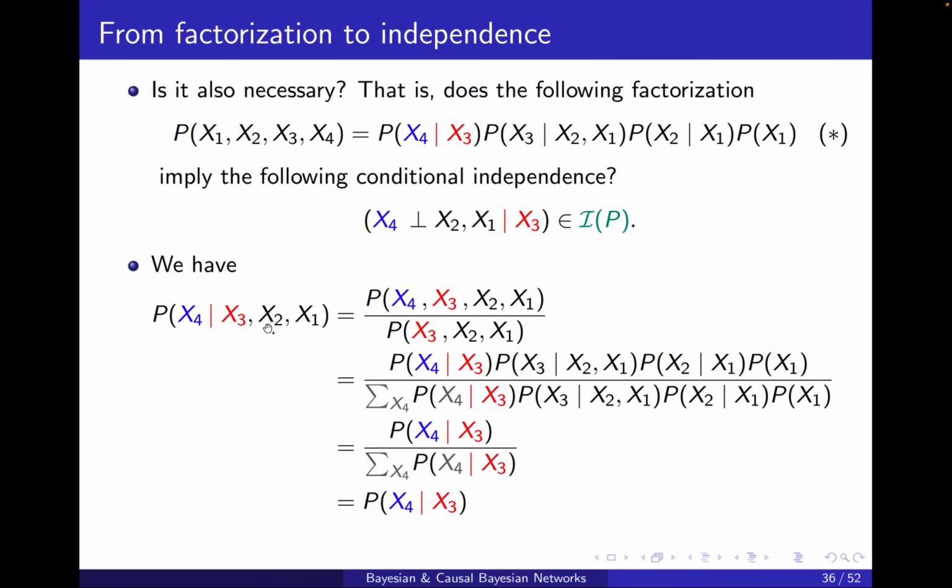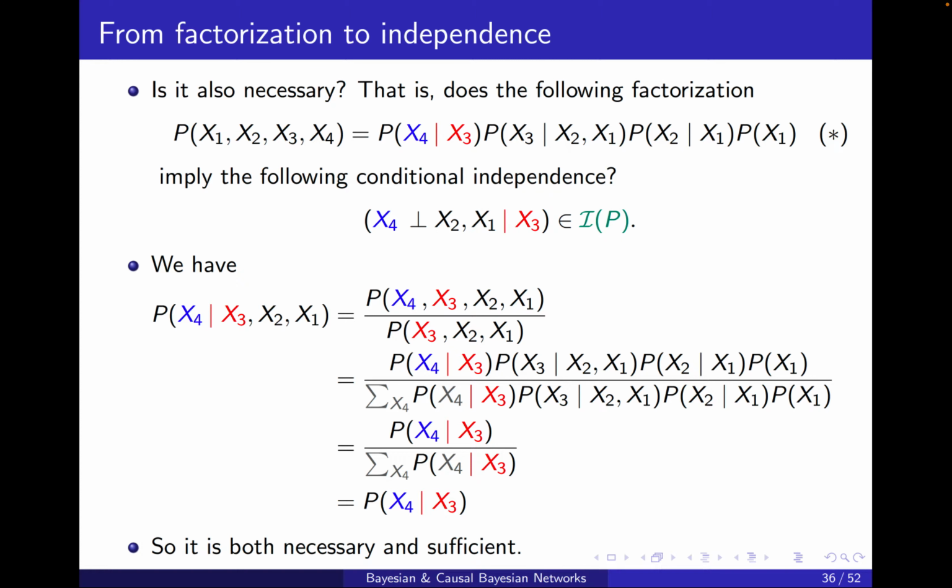So that's how we show that x2 and x1 can be taken out here. And the key is the factorization that we use in the star. So indeed, it is both necessary and sufficient. If we know star, we can conclude that this independence should hold. And if we know that this independence should hold for P, we know that it can be factorized.